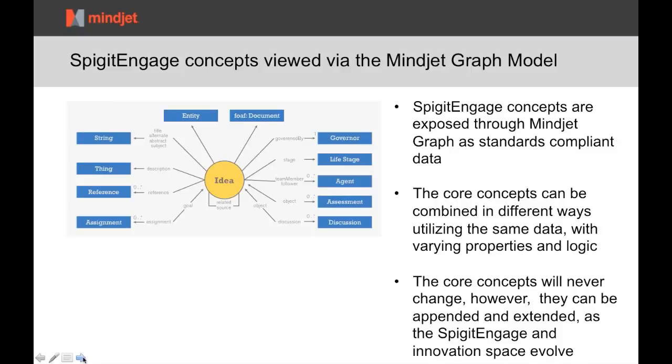The interesting thing about that is all of the current SpigitEngage concepts that are built into the product today fit very nicely into this. What it means, though, is that the way we manifest those today in our current user interface could change drastically over time, but the core concepts will remain the same. So if you're doing integrations, the core concepts are a concrete set of concepts that won't change over time.